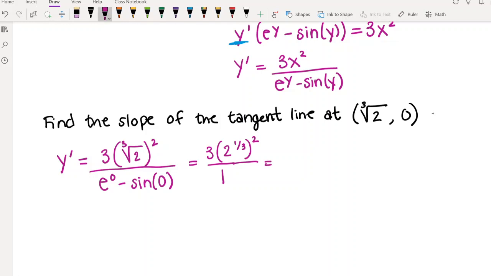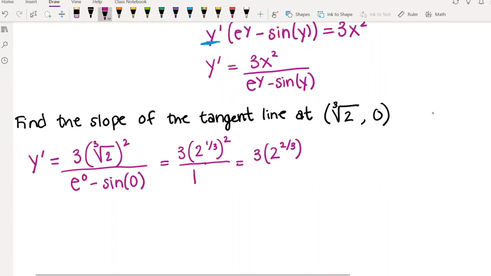What happens when you take an exponent and raise it to another power? You multiply your exponents. So this is the same as 2 to the 2/3. And then one more step you could take is to square the 2, so we can rewrite this as 3 times the cube root of 4.